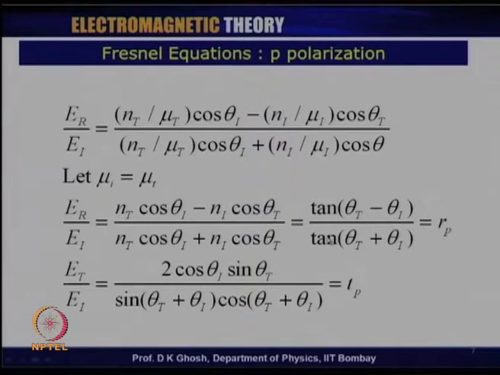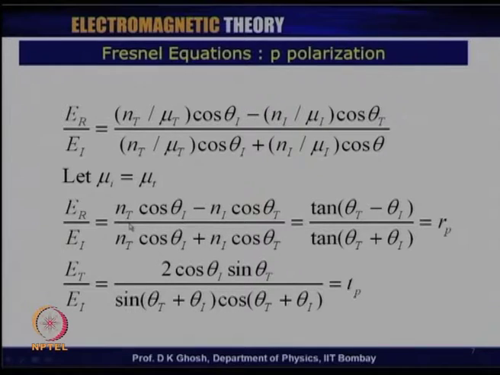So, let us look at these equations and look at some special cases. This is simply rewriting E r by E I. I am also going to assume that the mu's are the same. Once we take the mu's to be the same, you get E r by E I in terms of the refractive index of the second medium and the refractive index of the first medium.